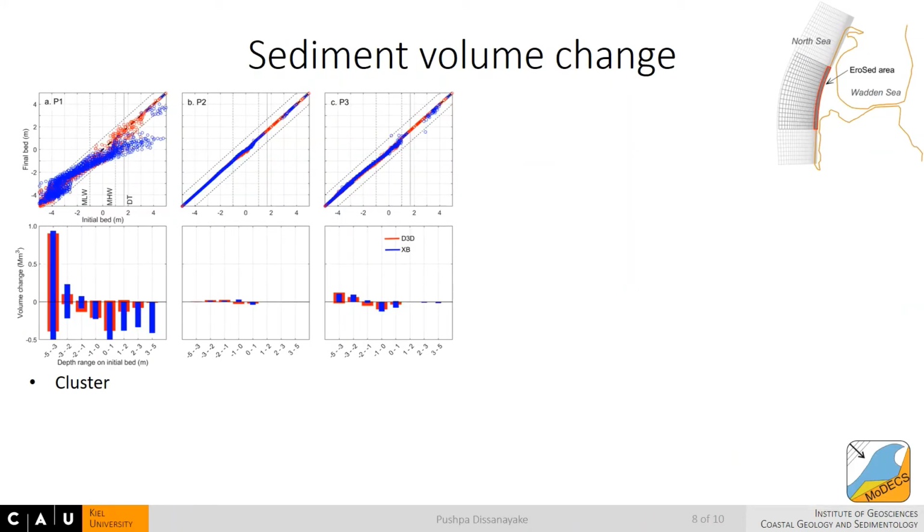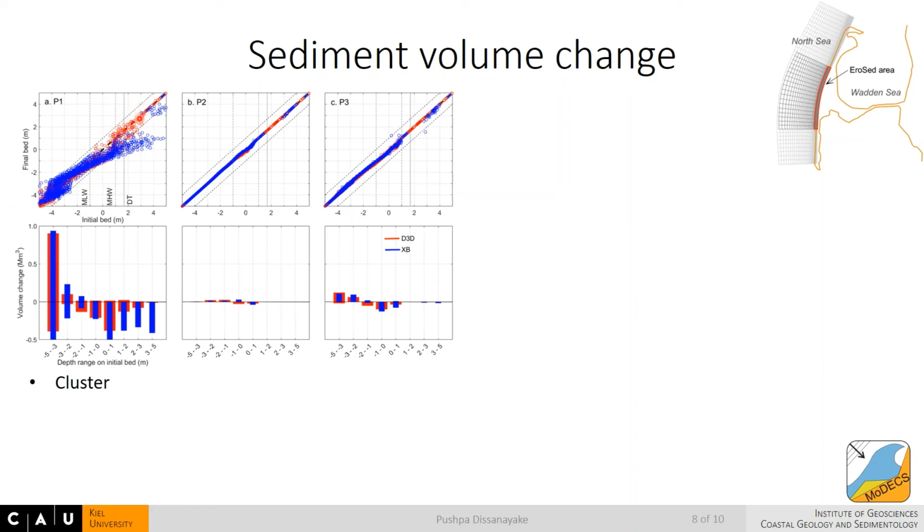Then we analyze bed level and sediment volume change within this area from -5 depth to 5 meter elevation. So first 3 panel shows bed level change. X-axis is initial bed, y-axis is final bed.